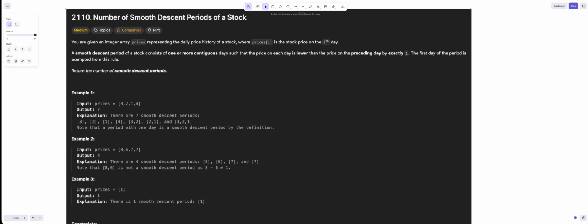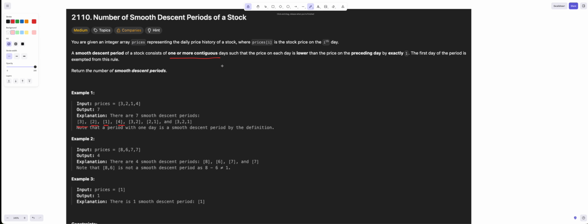Okay, so we have a definition called the smooth descent period of a stock, which consists of one or more contiguous days. That means even one day can be considered a smooth descent period. That is the reason why we are including the 3 alone in here, 2, which is the single value in the array, 1, 4.